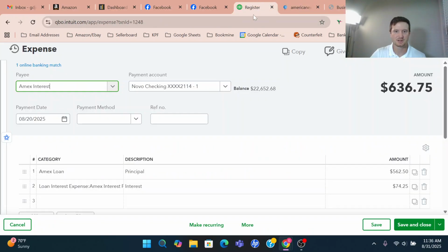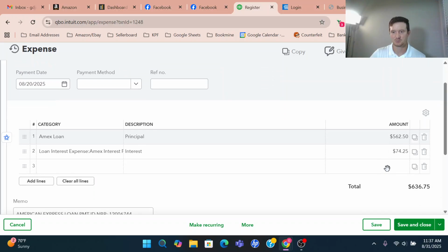So what we're going to do inside of QuickBooks is we're going to come here. First off, it's just going to show like my Amex loan, $636.75 right here. But that's the total. That's not what we're actually getting. So we're going to take that 636 and subtract out 74.25 from it, and this is what this number is going to be, $562.50.